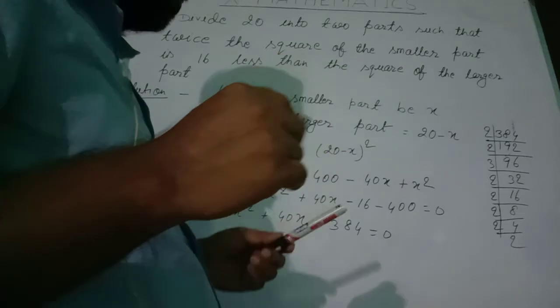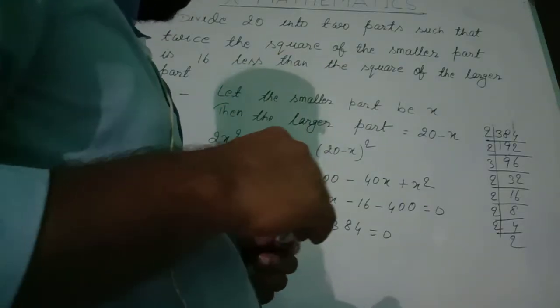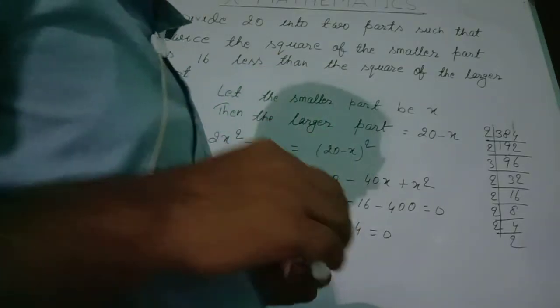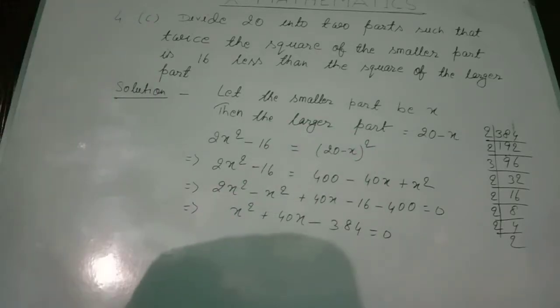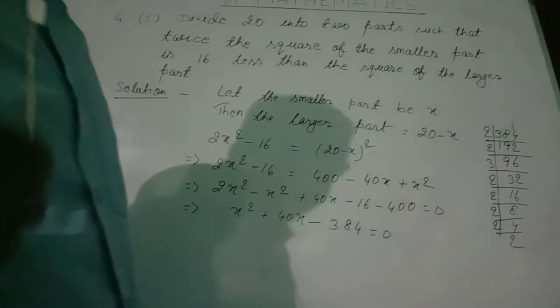Their addition or subtraction should be equal to 40x and their multiplication will be equal to 384.